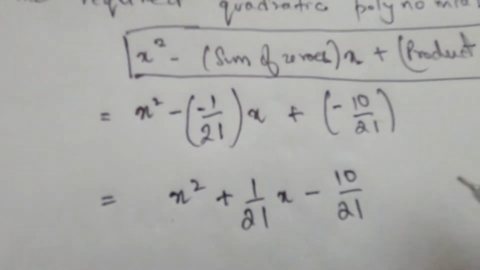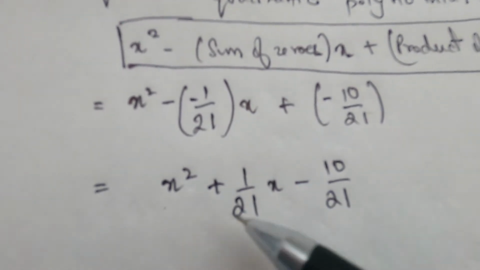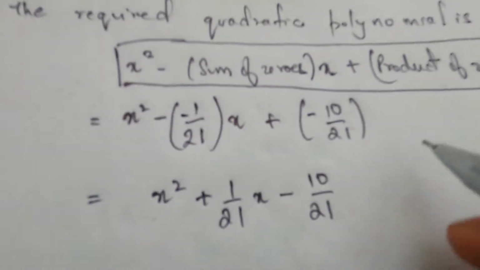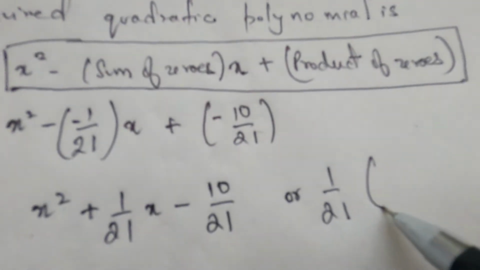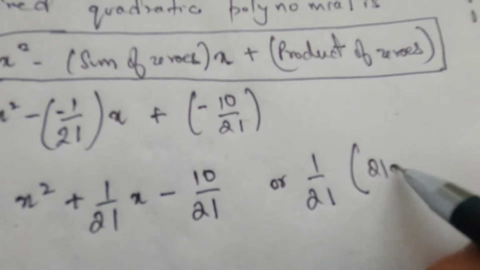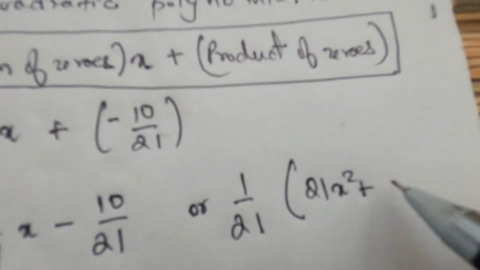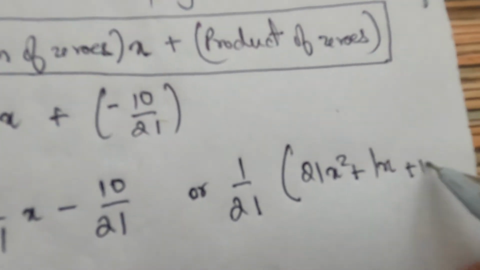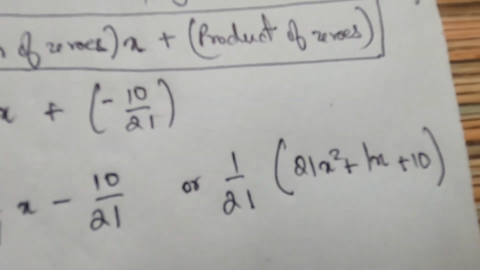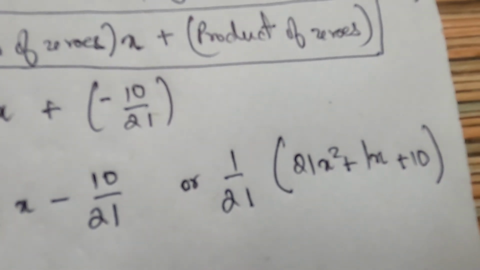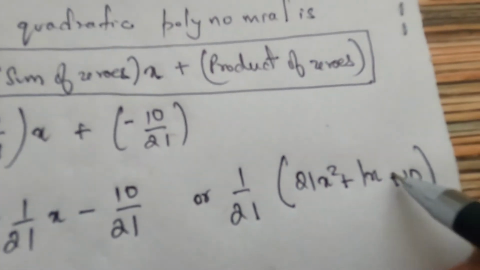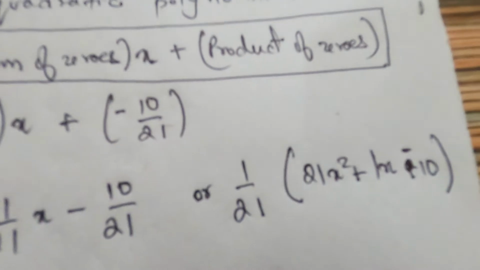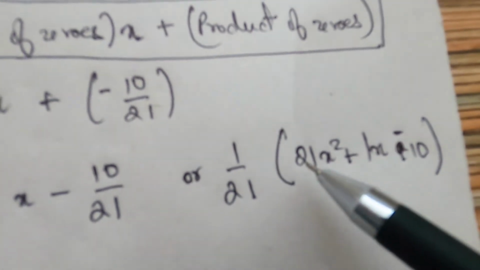Or we can also take the LCM 21 as common, so it will be 1 by 21, then in bracket it will be 21x square plus 1x minus 10. Oh sorry, this is minus. So you might ask, how did I get 21?